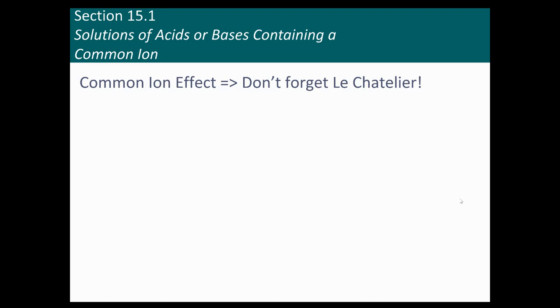Okay, so section 15.1 deals with common ion effect. I'm going to keep this very, very simple. There's a lot more calculations in the textbook for it. But what common ion effect says is that if we have a weak acid in equilibrium, now I'm just going to do a more simple Arrhenius style for right now.